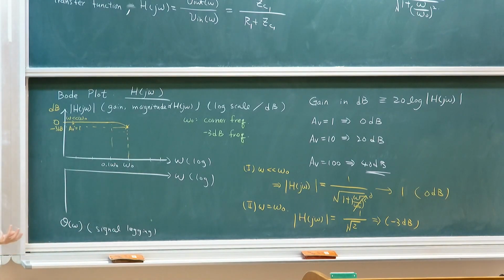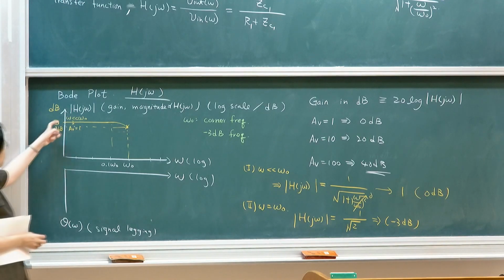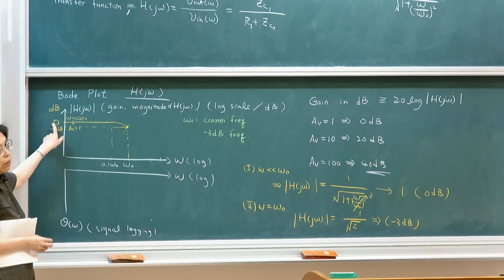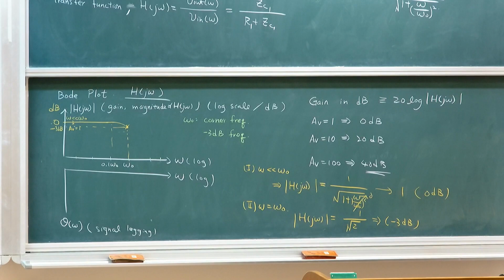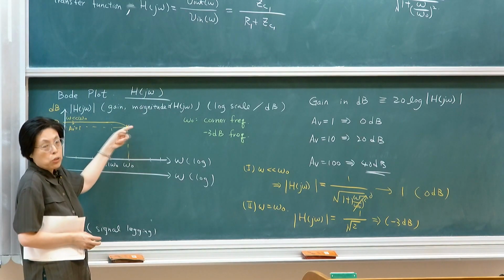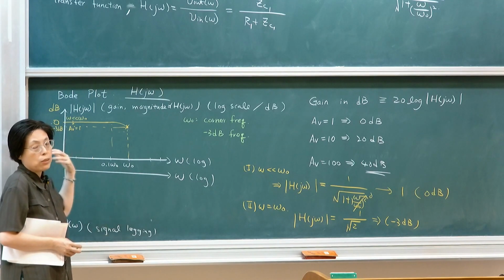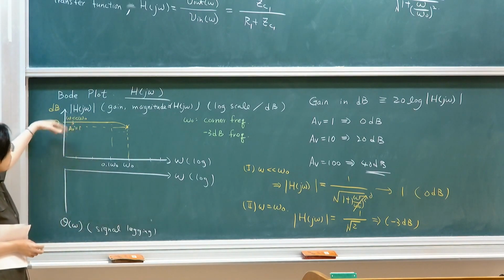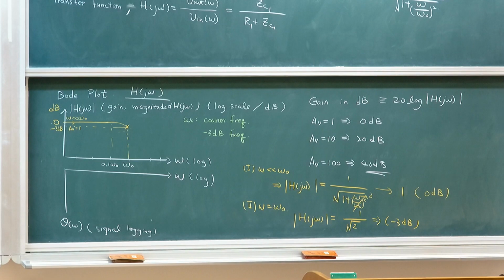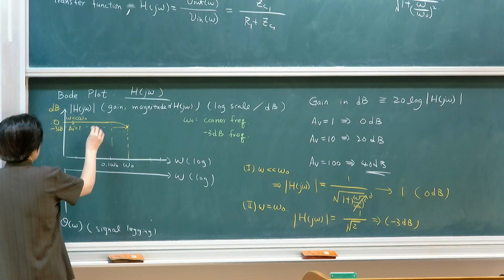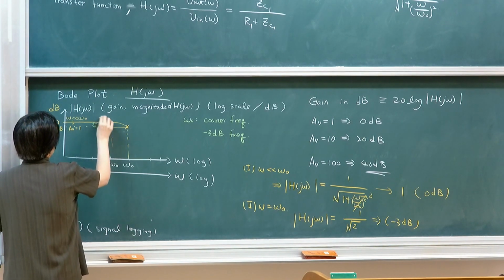Meaning that if you start at a gain of 100, which is 40 dB, then this will be 37. So you should be able to answer that question if I shift these levels. No matter what, the difference between the two is 3 dB.